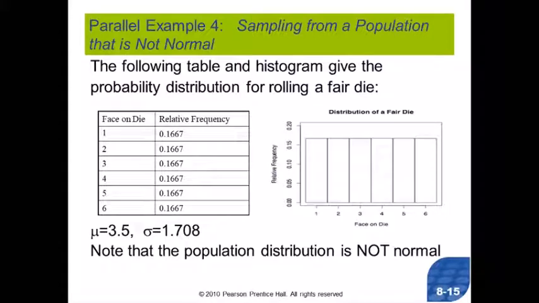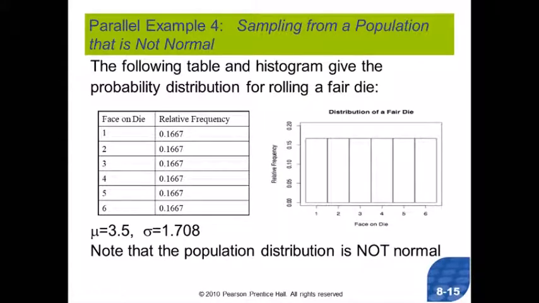Rolling a fair die, we have the following probability distribution and its histogram. Notice, when we say normal distribution, the histogram is similar to a bell shape. This is not a bell-shaped figure.